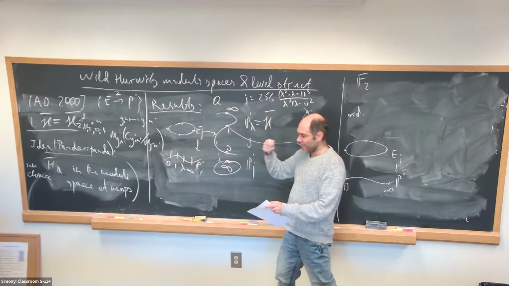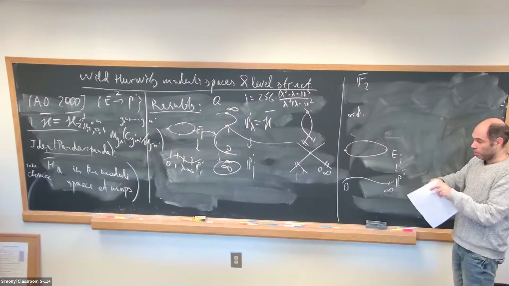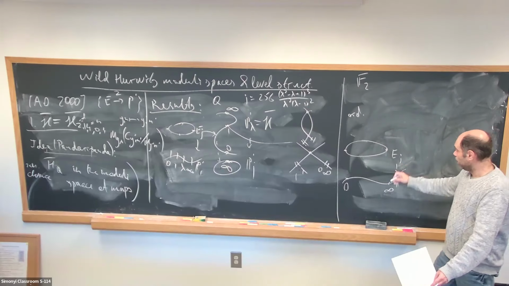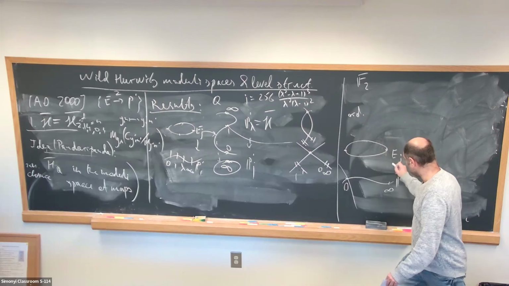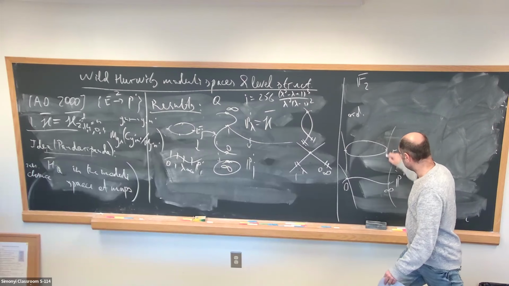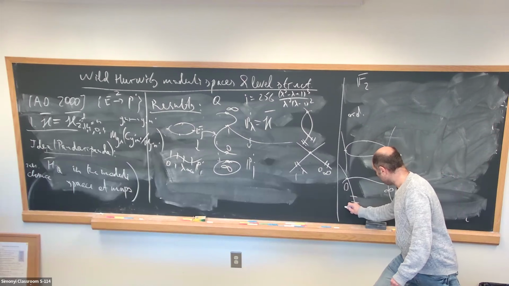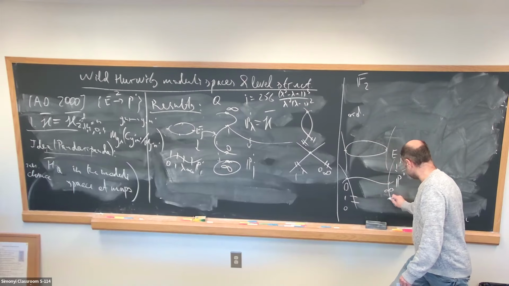this moduli space, the addition, blows up to separate. So it blows up, and then once it blows up here, you get really a separation of 4 points.